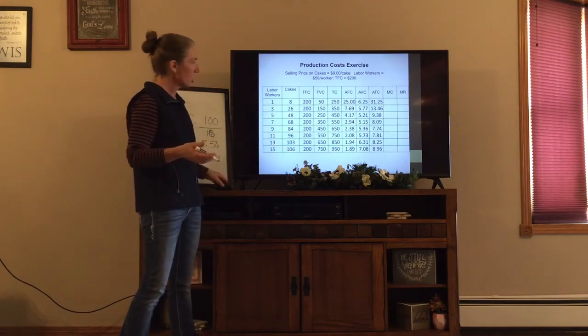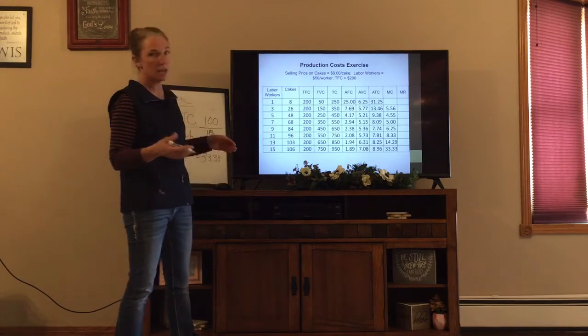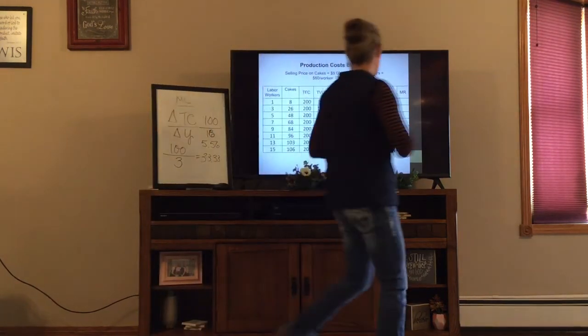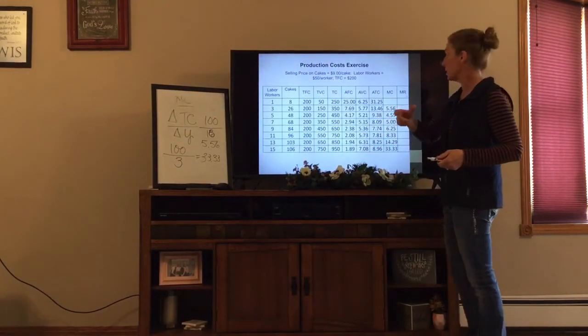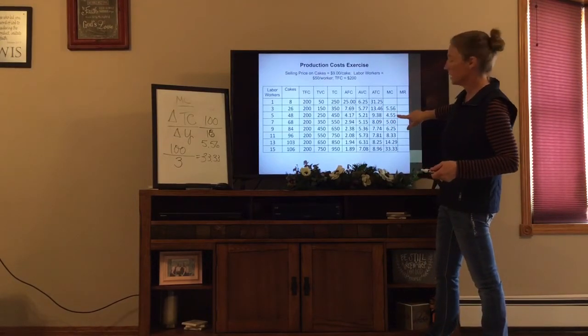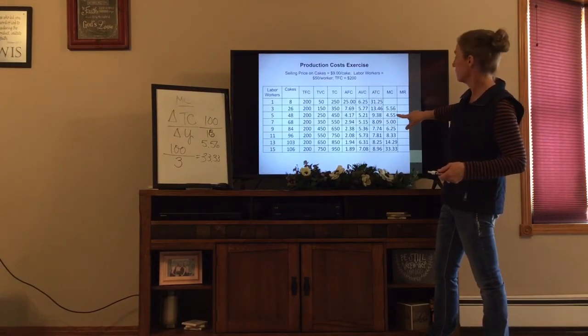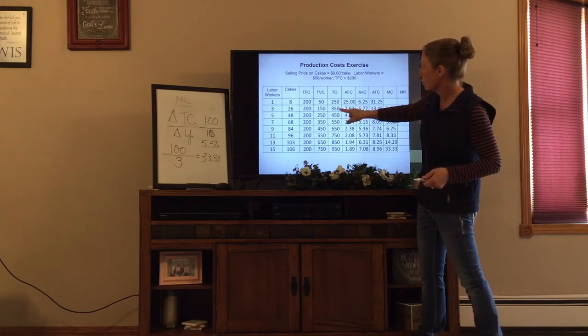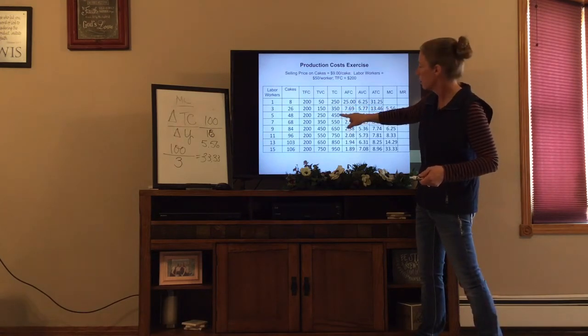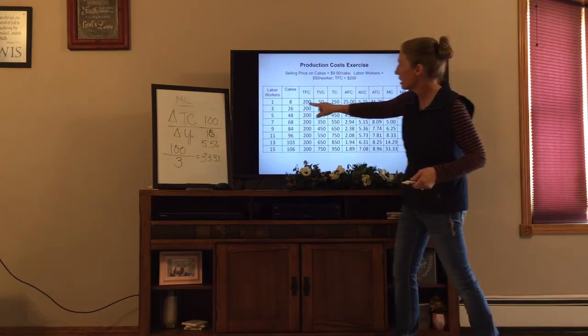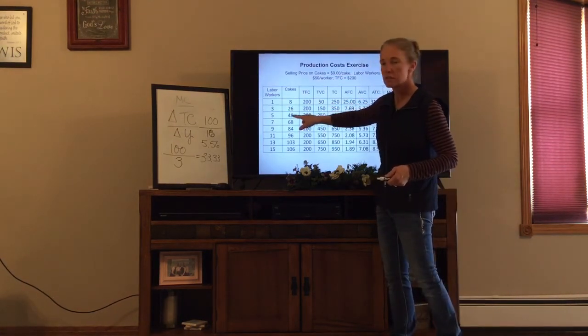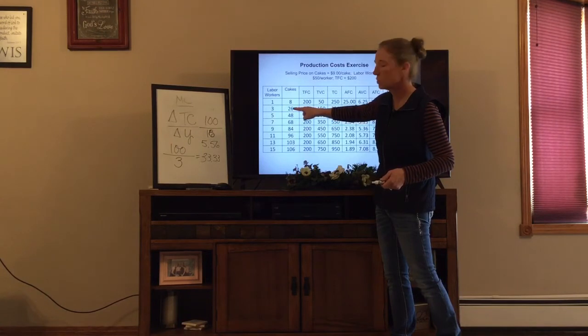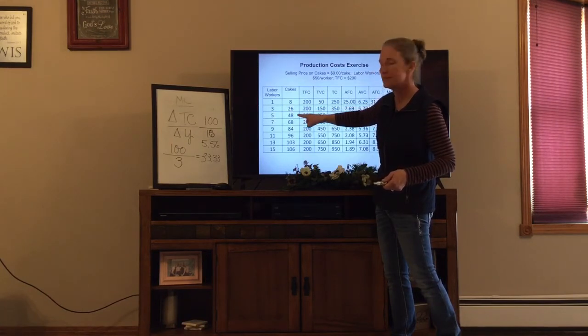So our marginal costs look like this. And each time it's the change in cost divided by the change in the output. So this one where I get an answer of $4.55 was found by taking the change in cost here. $450 minus $350 is a $100 change in cost divided by the change in cakes. 48 minus 26 is a 22 cake difference.